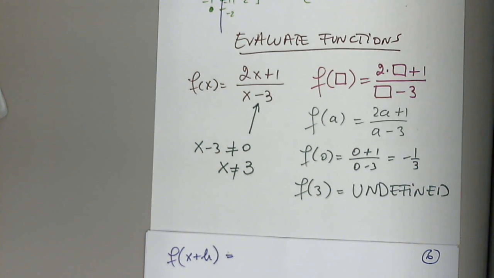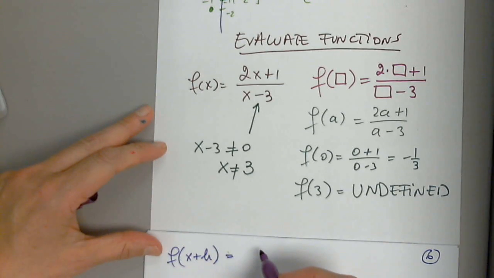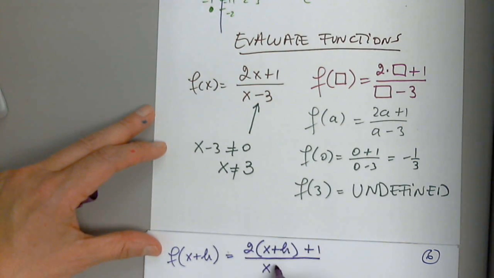Determine what x is and then add h. Whatever. So just dictate and I'll write it. 2 times the quantity. Very good. Awesome. Plus h, plus 1. Very good. Over x plus h minus 3.